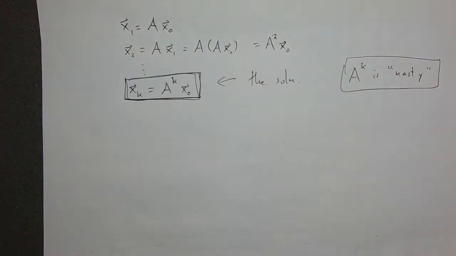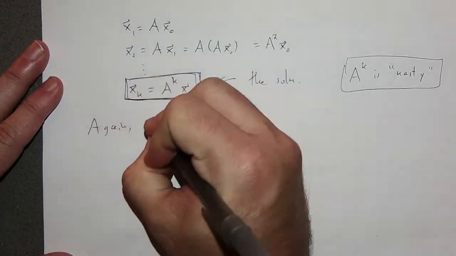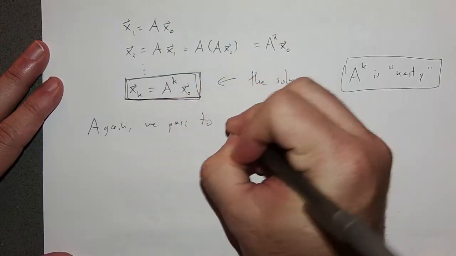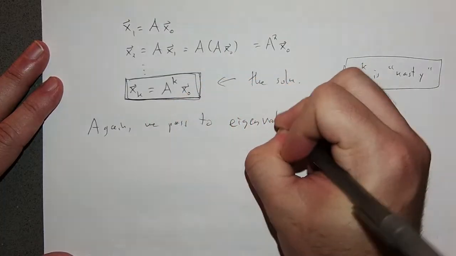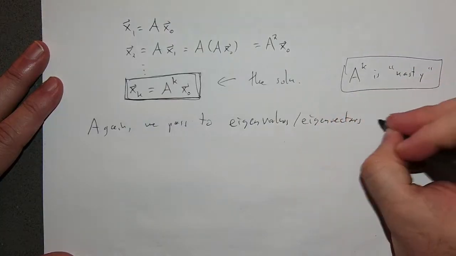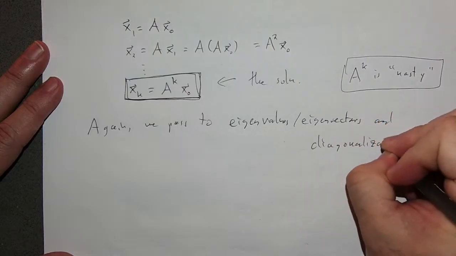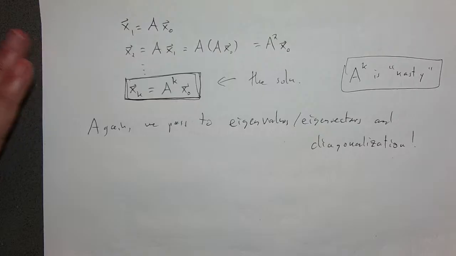And this problem has always, for us in this course, had the same solution, which is eigenvalues and eigenvectors, or even better, if you're lucky enough, diagonalization. So again, we pass to eigenvalues, eigenvectors, and diagonalization.